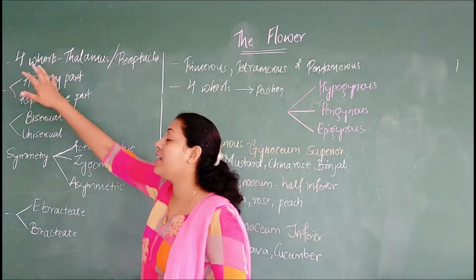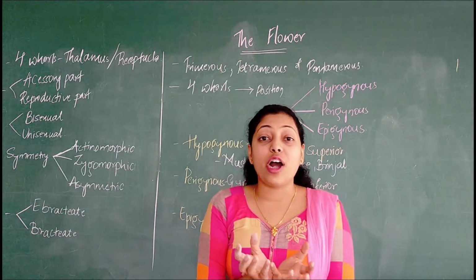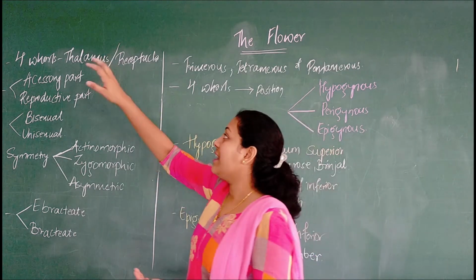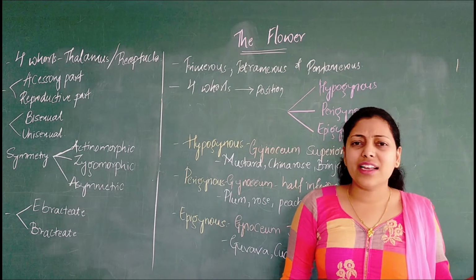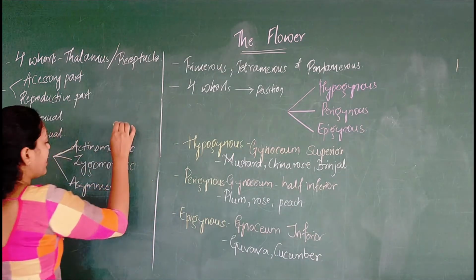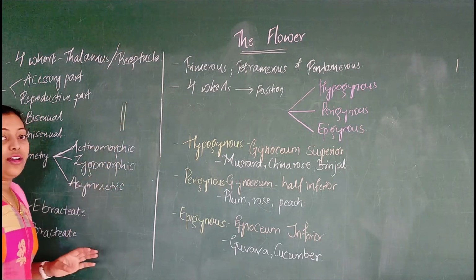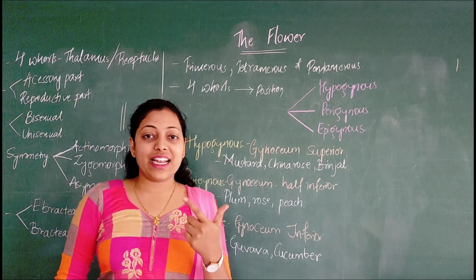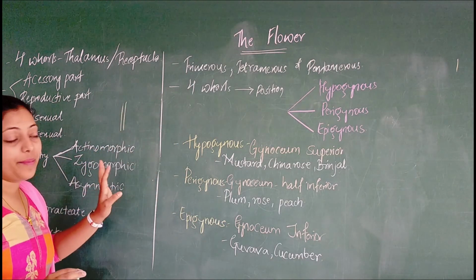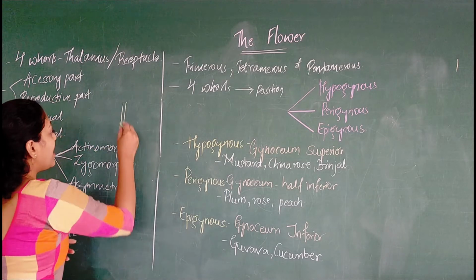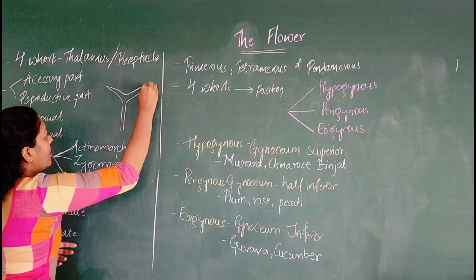Basically, there are 4 whorls which are found at the base of the calyx, that is called the thalamus or receptacle. Just for imagination, if this is a pedicel, you have the differentiation of pedicel and peduncle obviously. Now you can imagine a pedicel over here. The pedicel gives rise to the calyx.